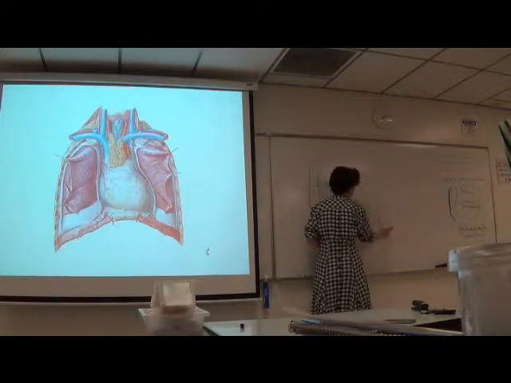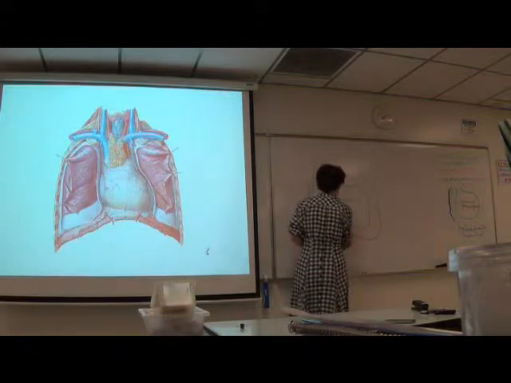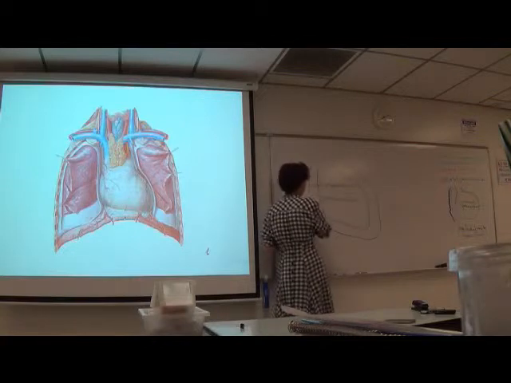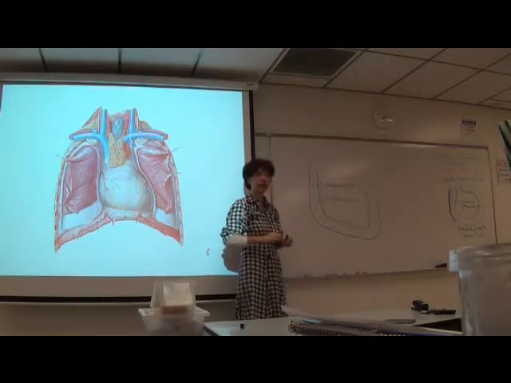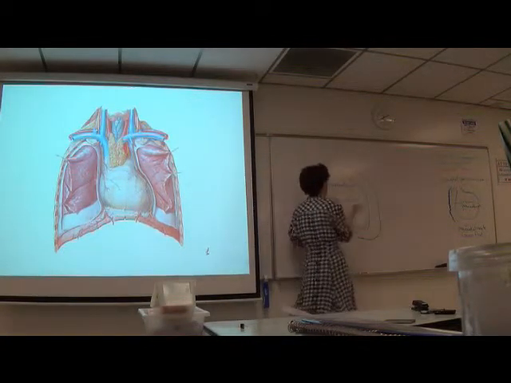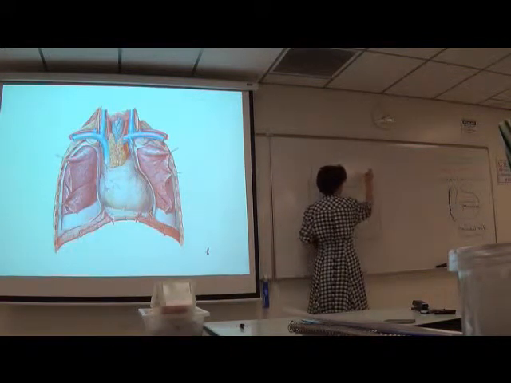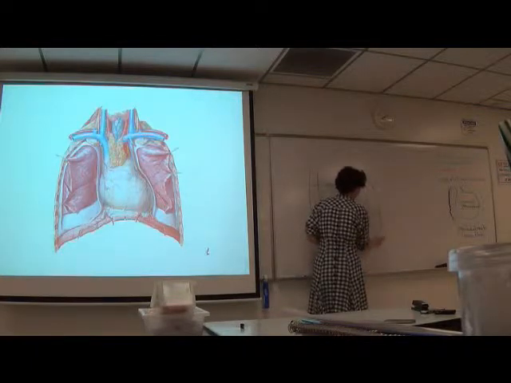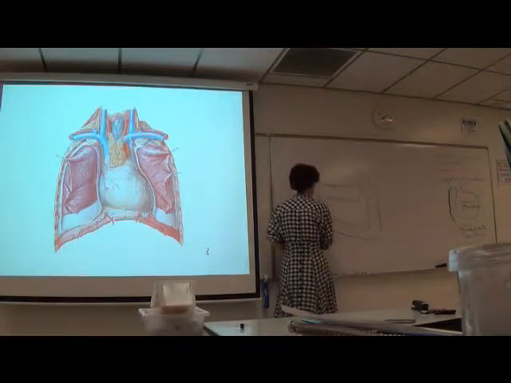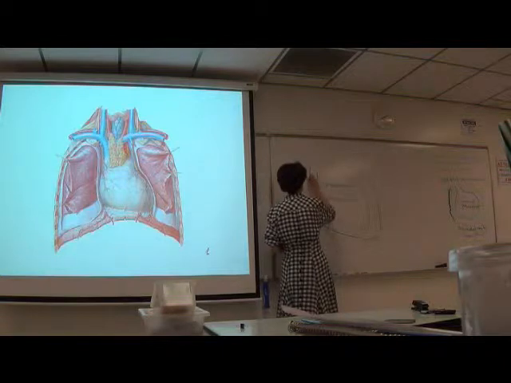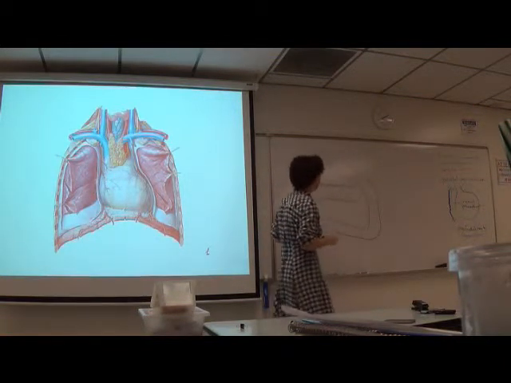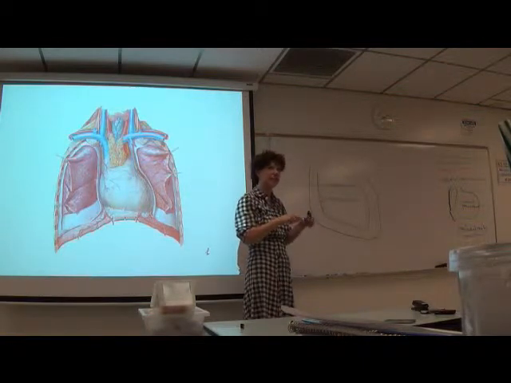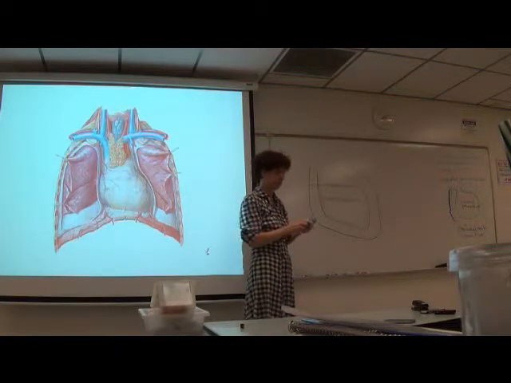So when we look at the heart, if we open up the chest cavity and open up the pericardium, we look at the shiny surface of the heart, we're going to see this visceral layer of the pericardium attached to the surface of the heart via loose, irregular connective tissue. And so this layer is called the visceral pericardium.